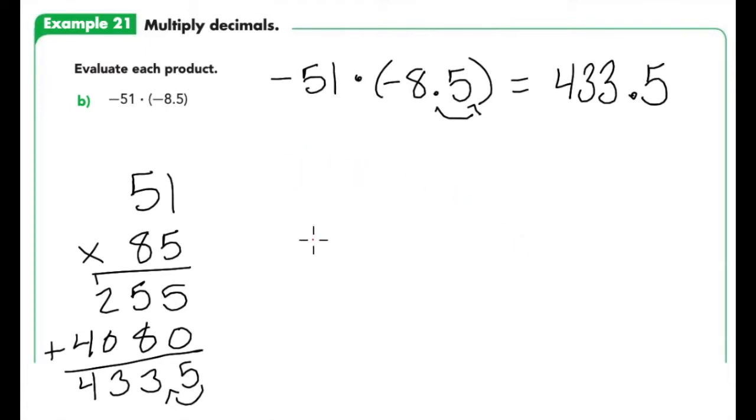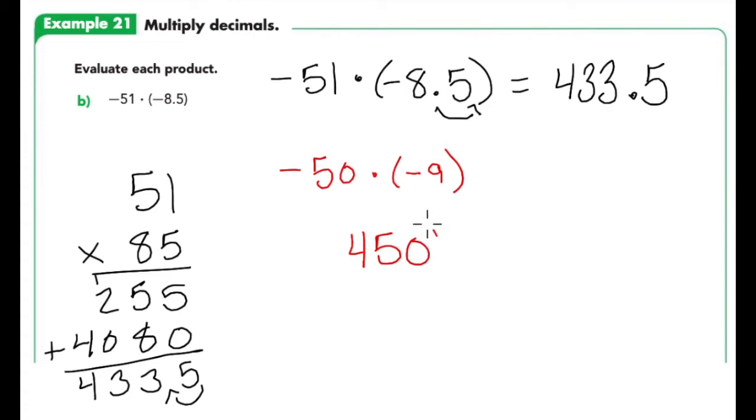We could check our answer with an estimate. So I'm going to make a quick estimate here. I'm just going to round this to a negative 50, and I'll round this to a negative 9. So if we were to multiply 9 times 50, we could do 9 times 5 is 45, and then we had a 0 there, so we would add a 0.